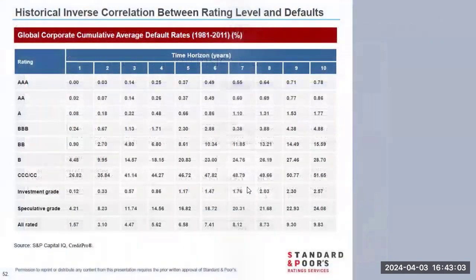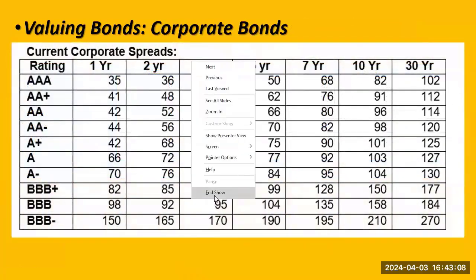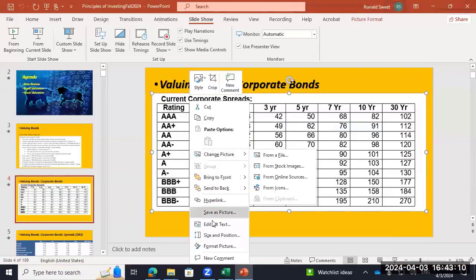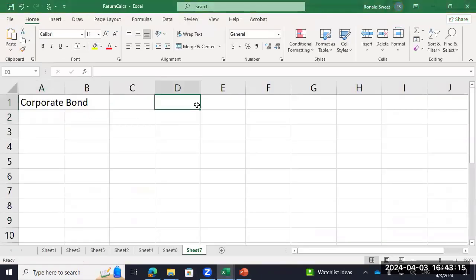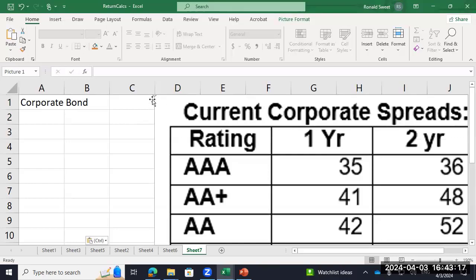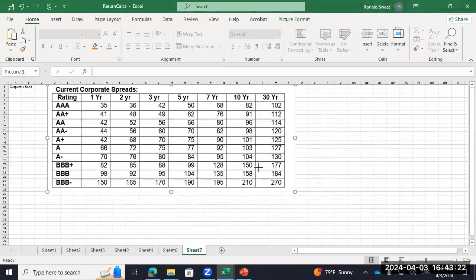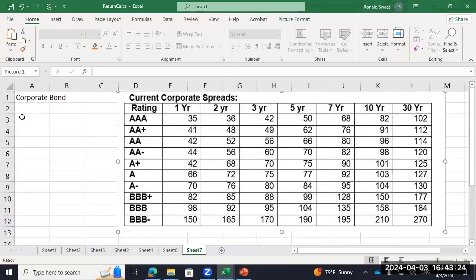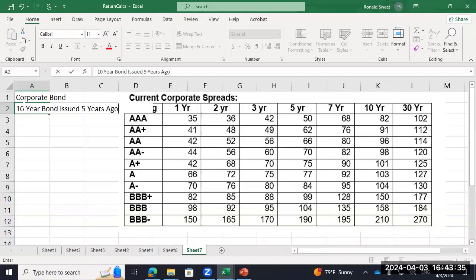All right. So let's do a corporate bond. We'll use this table. Let's say this thing is a 10-year bond issued 5 years ago.